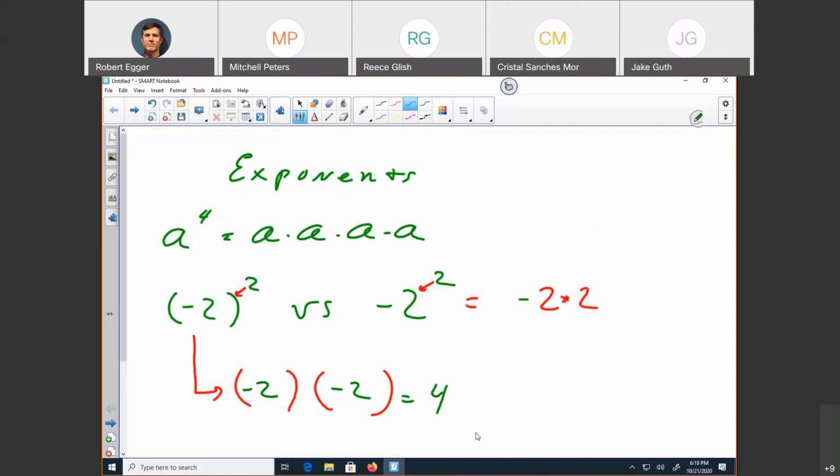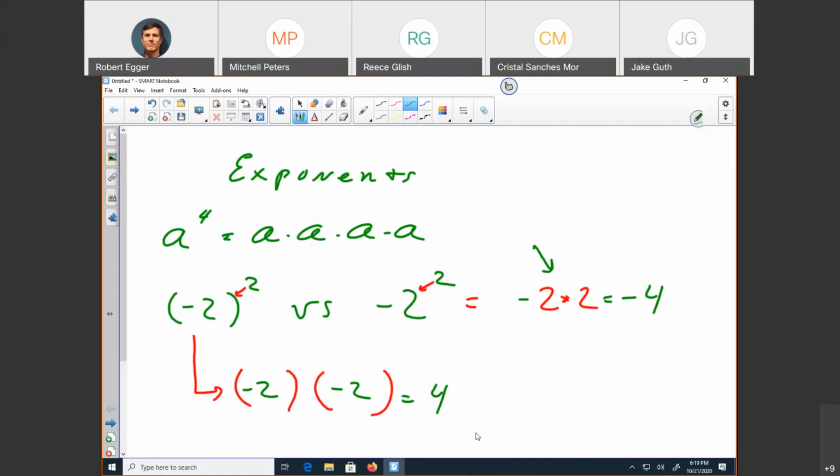The other one says, take 2, multiply it by itself twice, then take the opposite. Subtle terminology difference, but very important. Because here, that answer is negative. And for some reason, the negative 2 to a power has caused some difficulties, and it shouldn't.